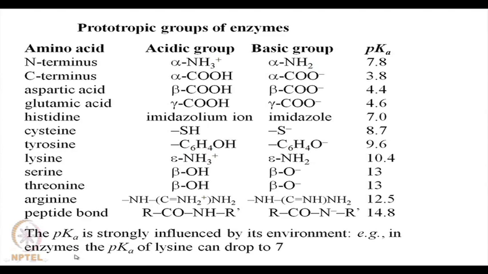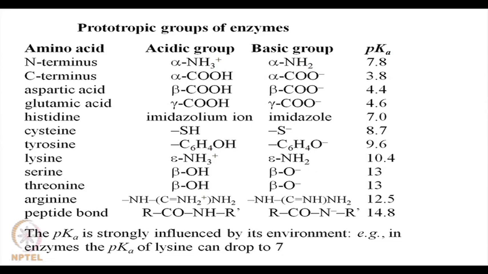Importantly, these are only standard values, and these numbers may change depending on the environment. That is, the pK value is strongly influenced by the environment in which these groupings are present. For example, in enzymes, the pK of lysine can drop to 7. So, lysine is 10.4, but it may drop to 7 depending on which groupings are there.